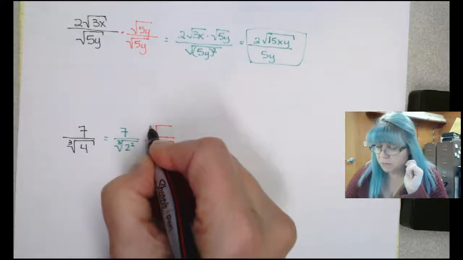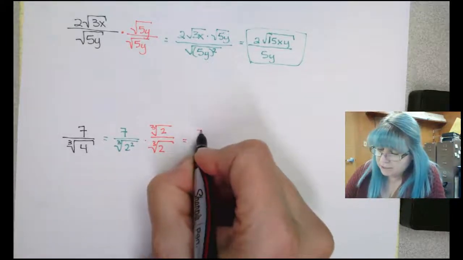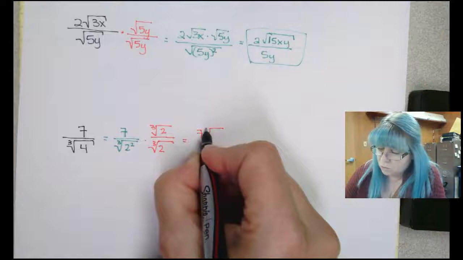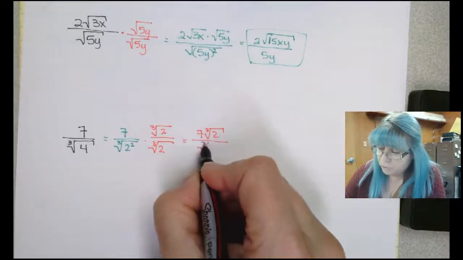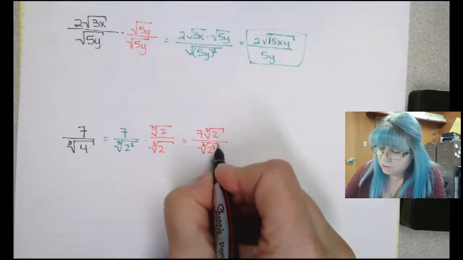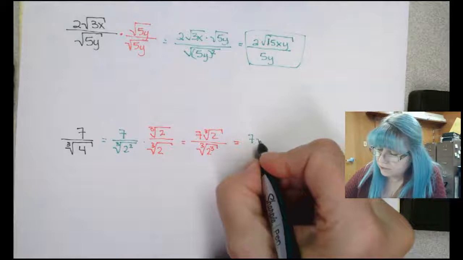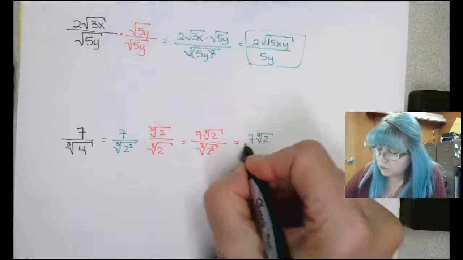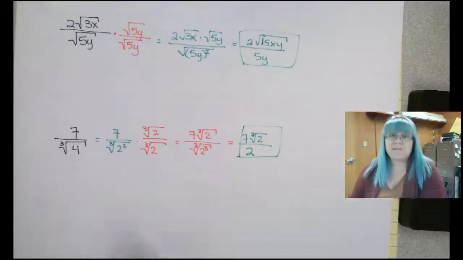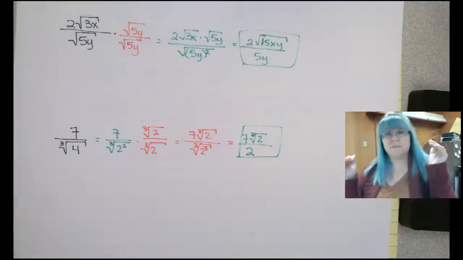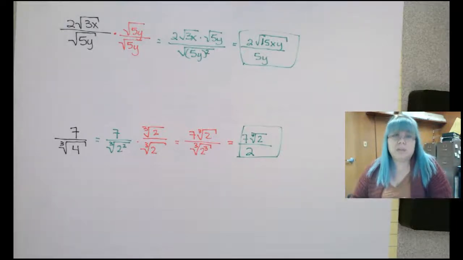What I do to the denominator, I do to the numerator. Therefore, that's going to be 7 cubed root of 2 all over the cubed root of 2 cubed, which pops out as 7 times the cube root of 2 all over 2. If I would have multiplied it by just the 2 squared or just 4, that wouldn't have been enough.